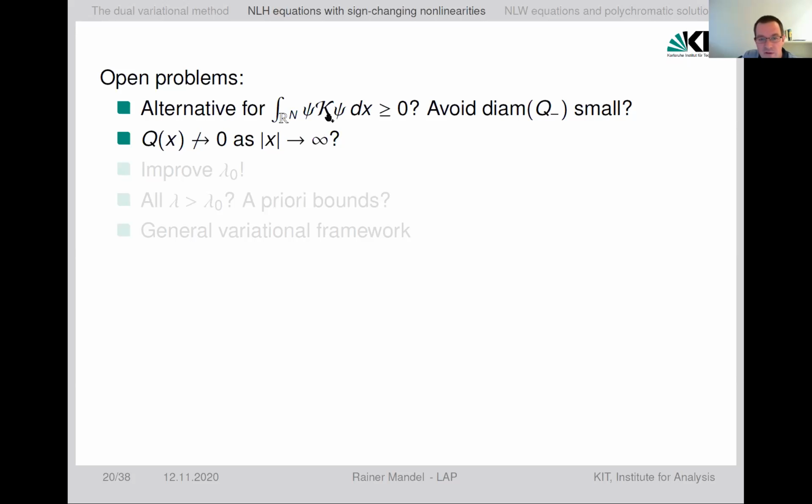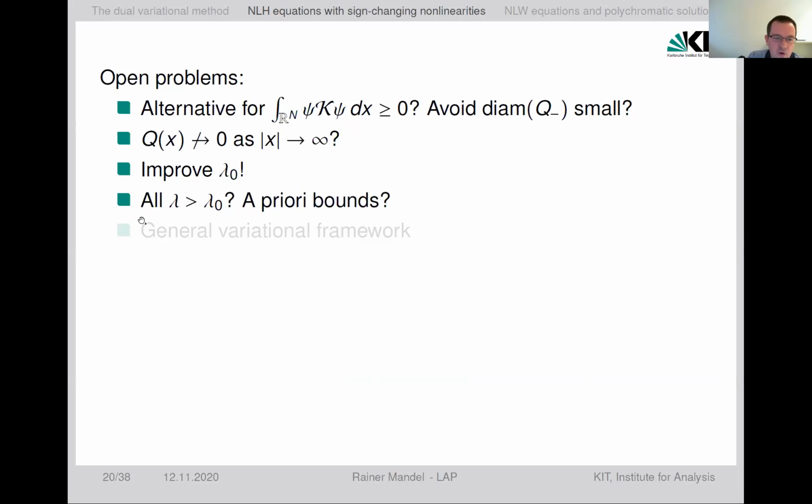Because now our approach relies pretty much on the compactness of K. This might not be needed, but it is unclear from this presentation, where I did not give any details in this direction. But yeah, is our lambda 0 optimal?